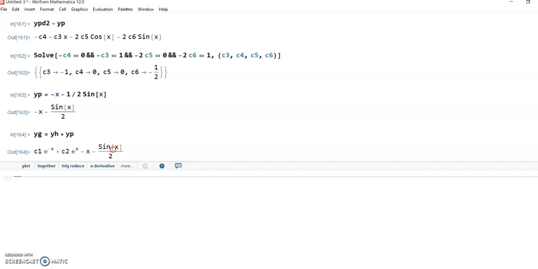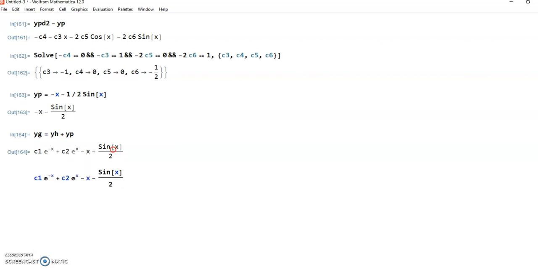So for these values of C1 and C2, I will take this equation, and then I will copy it down, and then I will say that this is equal to our y of x, okay.